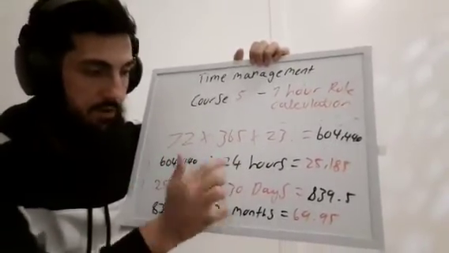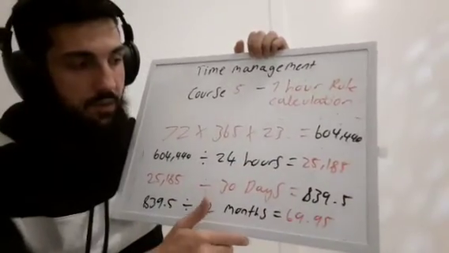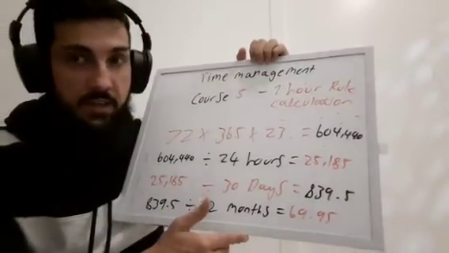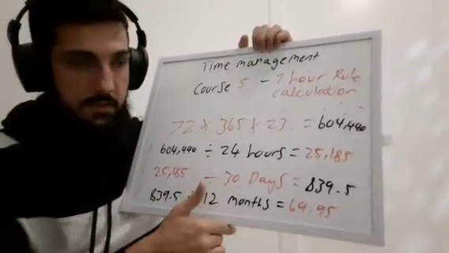We're going to divide by 24 hours, and we're going to get 25,185 days.